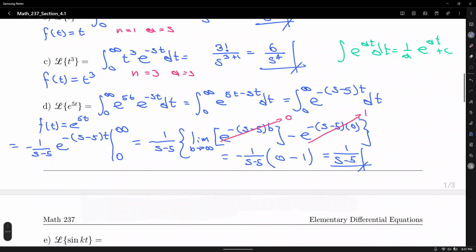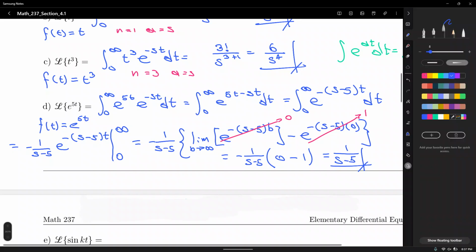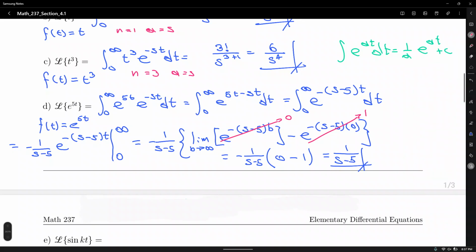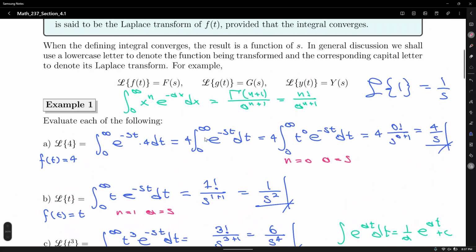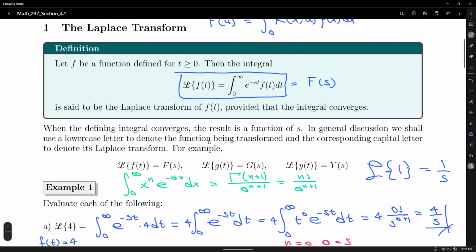We need to be careful here with the result for the Laplace transform, because we need to specify a condition. So this is good for s greater than 5. Why is that? Because if s is less than 5, go back to the original integral. What happens if s equals a negative number, negative 5?